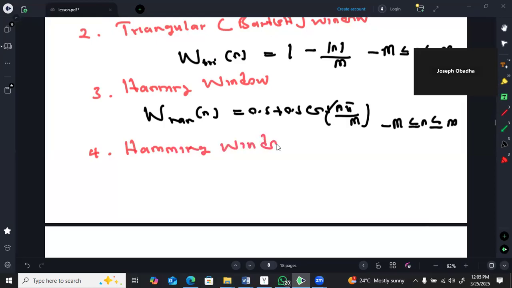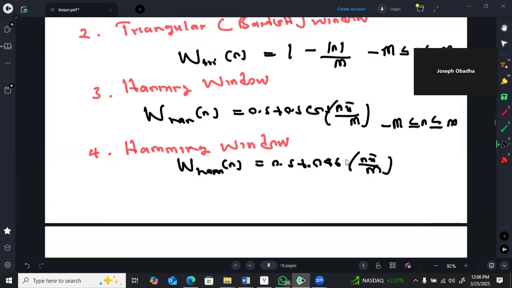The Hamming window is defined by W ham n equal to 0.5 plus 0.46 cos n pi over M for the whole of the filter coefficient range.